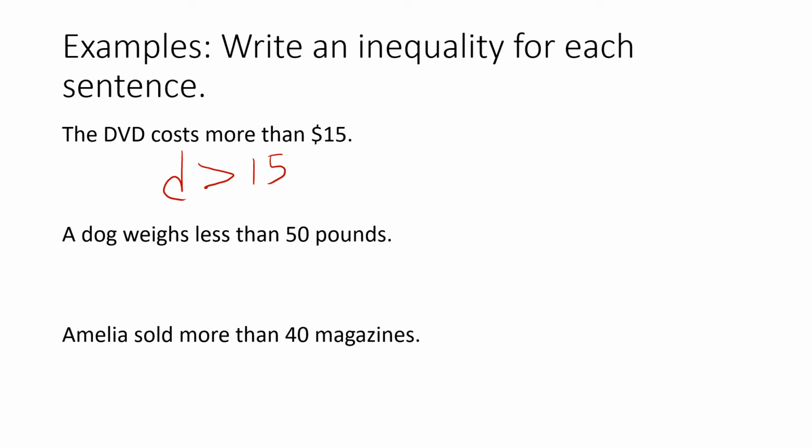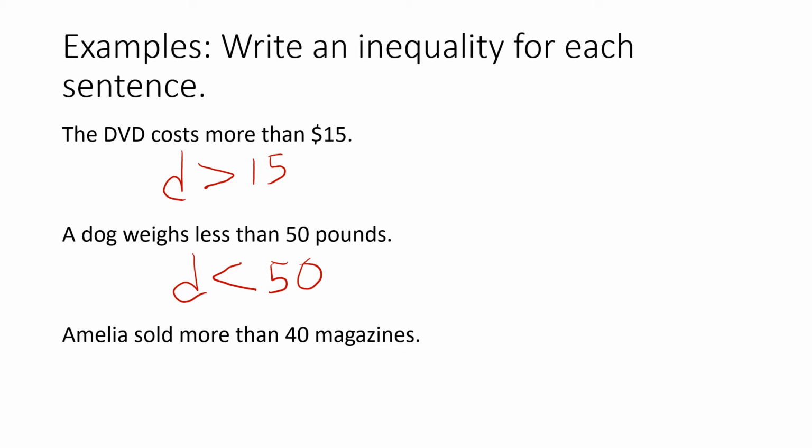A dog weighs less than 50 pounds. We're going to use D again for dog, just because DVD and dog both start with D, so don't get confused. It's not because this has to be D. But the dog weighs less than, so that would be D < 50. Okay, and our last one: Amelia sold more than 40 magazines.